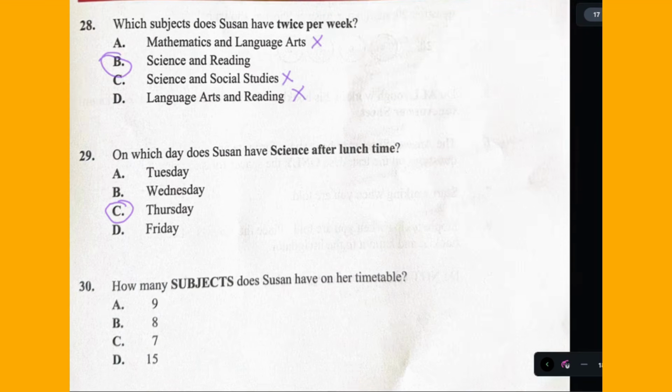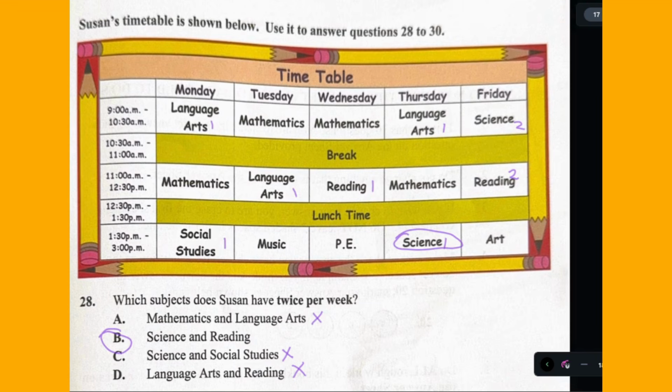So let us go back to the timetable. Let us look at the subjects. Language arts, we're going to cross out all the language arts first. We're going to go to math next. Cross out all the math. Social studies. Music.